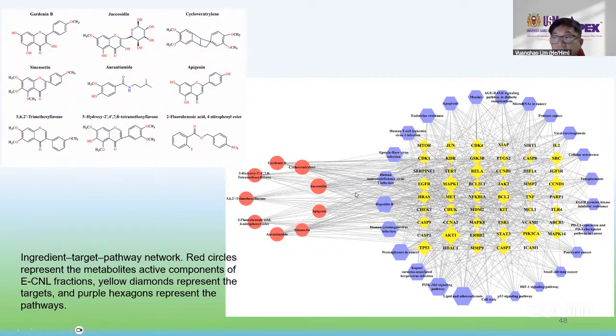In the middle, these are the predicted molecular targets of the bioactive compounds that have been identified. On the right are the biological pathways associated with these target genes. This system-level network demonstrates that multiple phytochemicals contribute to multiple signaling pathways simultaneously, and this explains why metabolomics and network pharmacology complement each other effectively in natural product research.